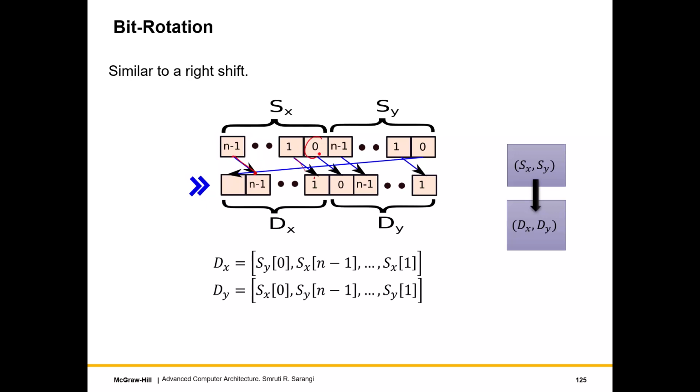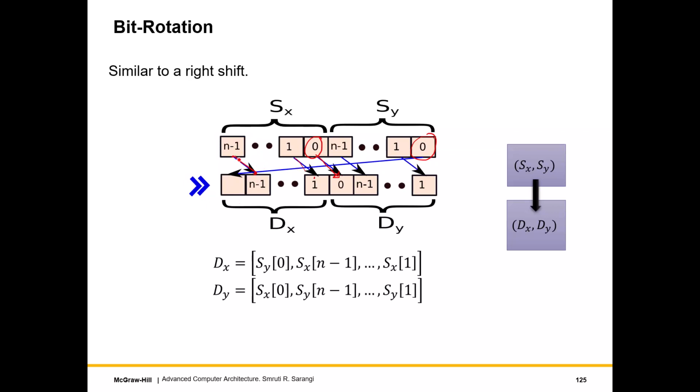What happens with the 0th bit, which is the first bit of Sx, is very important. It becomes the most significant bit of Sy, and similarly the least significant bit of Sy becomes the most significant bit of dx.